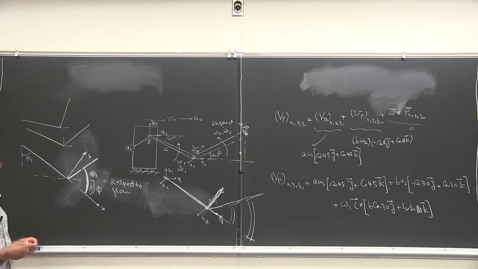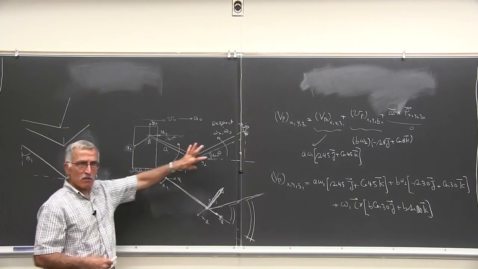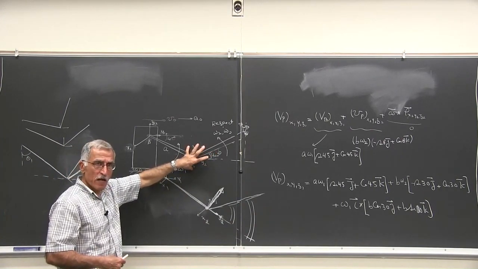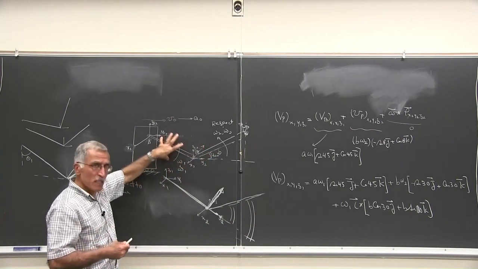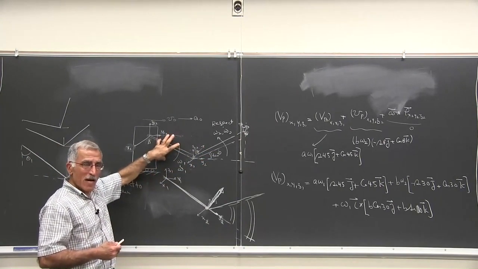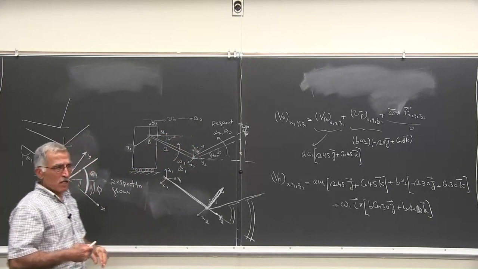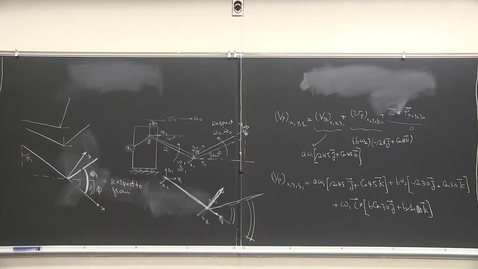And the same thing when you go to the acceleration. If everything is with respect to the ground for this one, then you can say my auxiliary reference frame never rotates. Even though this one is rotating, somehow it maintains its orientation. So you have to pay attention to the statement of the problem.